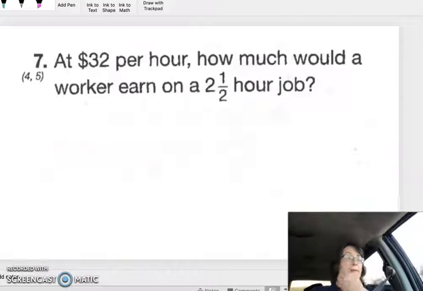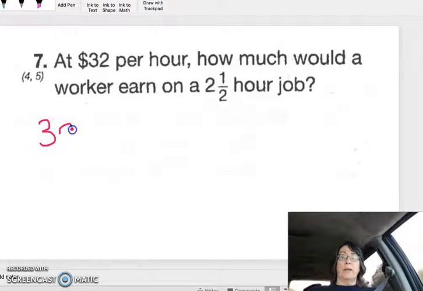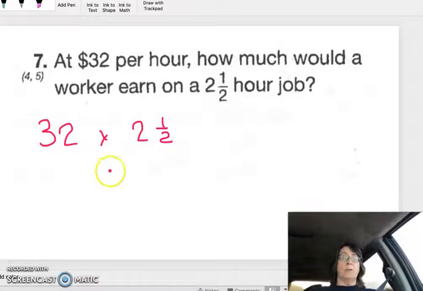Number 7. At $32 per hour, how much would a worker earn on a 2.5-hour job? Now, most of you have gotten this down pretty well. 32 times 2 and 1/2. Now, we can just use distribution here.